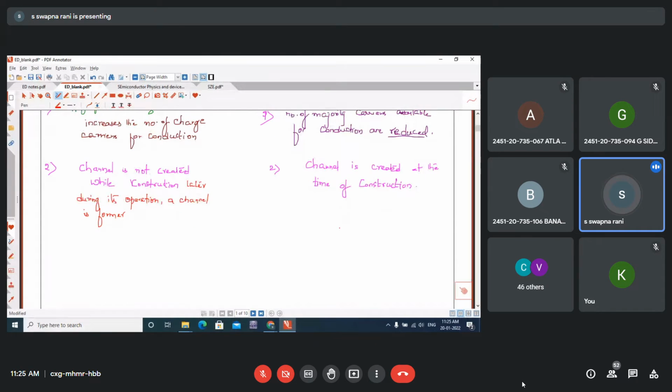And a note which is common for both MOSFETs is that there are no PN junctions.